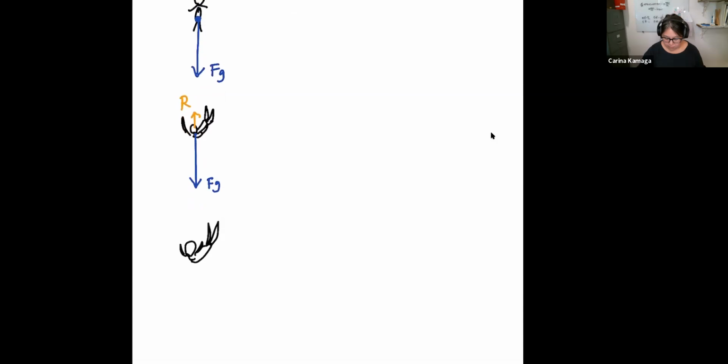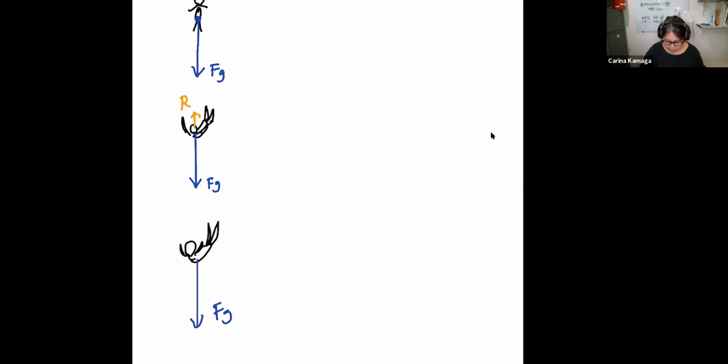Then, how about gravitational force? Is that the same, bigger, smaller? Gravitational force still is going to be the same. But because you're going down, although you do have air resistance building up, you still have an acceleration downward, right?